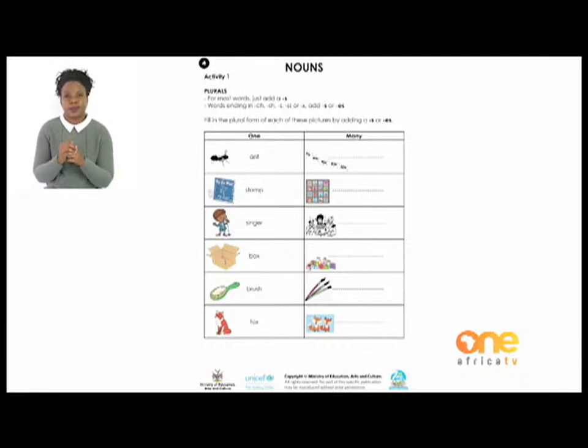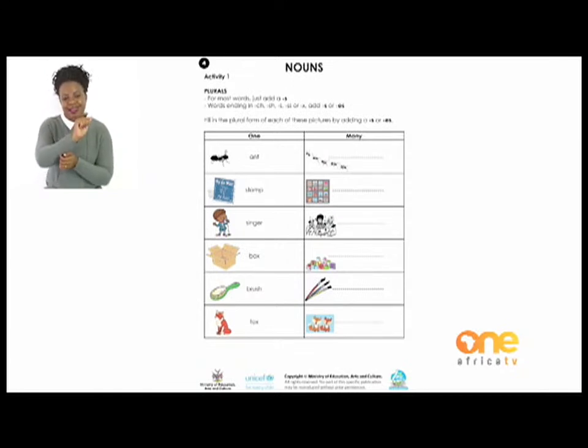For most words, just add S. Words ending with CH, SH, S, double S, or X, add ES. I will just do one example with you. The rest you will do, just fill in the correct plural for the noun given.